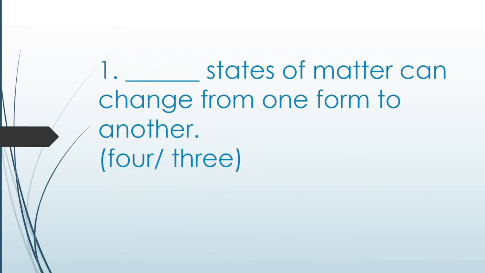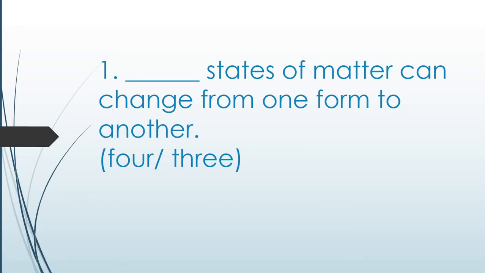Number 1. Dash states of matter can change from one form to another. Options are 4 or 3. So dash states of matter can change from one form to another. So how many states of form are there? If you know that, you would have written the answer by now.